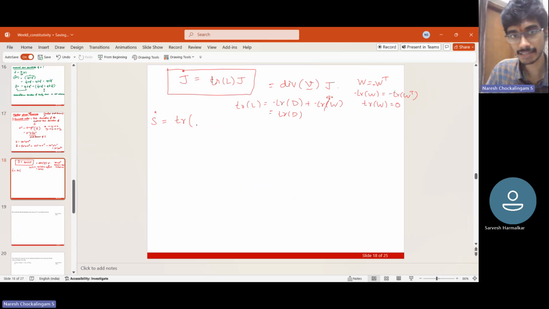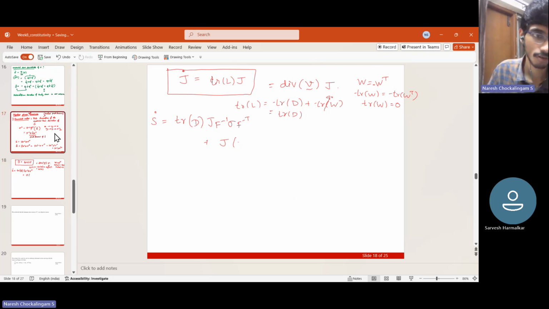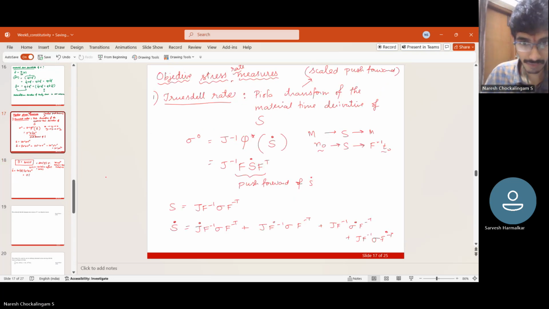So this is trace of D, J, F inverse sigma F inverse transpose, plus the other three terms are unchanged. So plus you have a J. What is the next term?